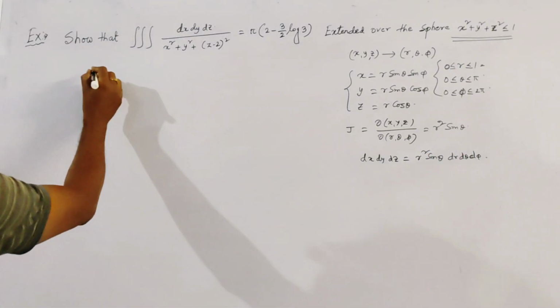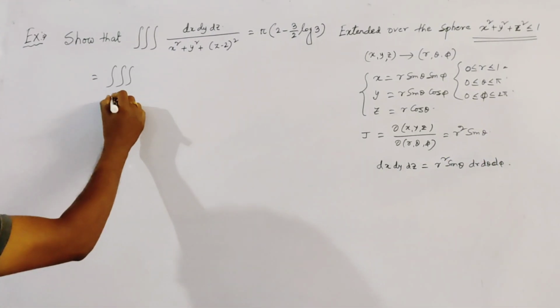Now, putting the values of x, y, z, we write the new region of integration as r dash.